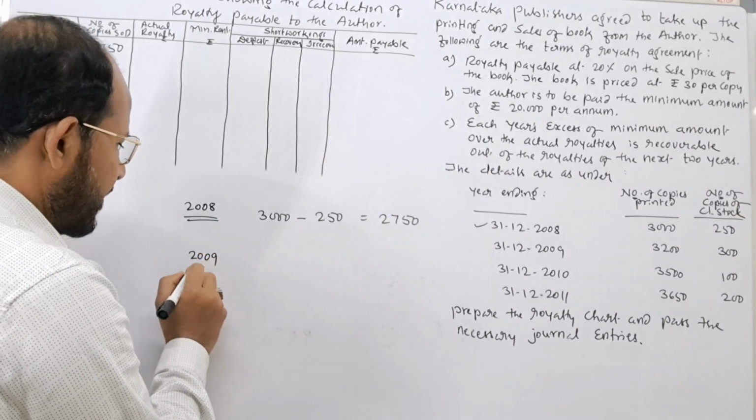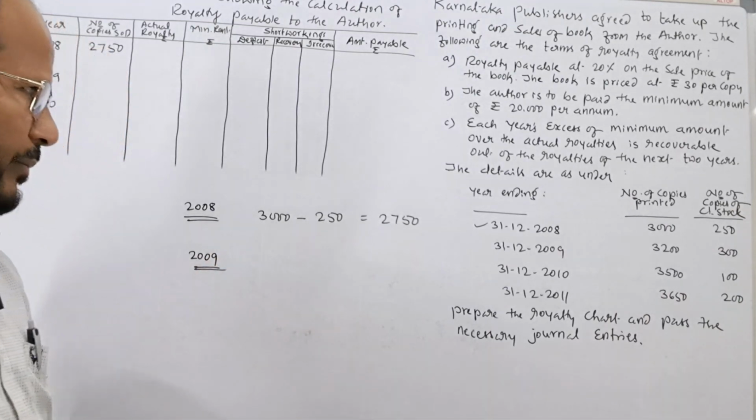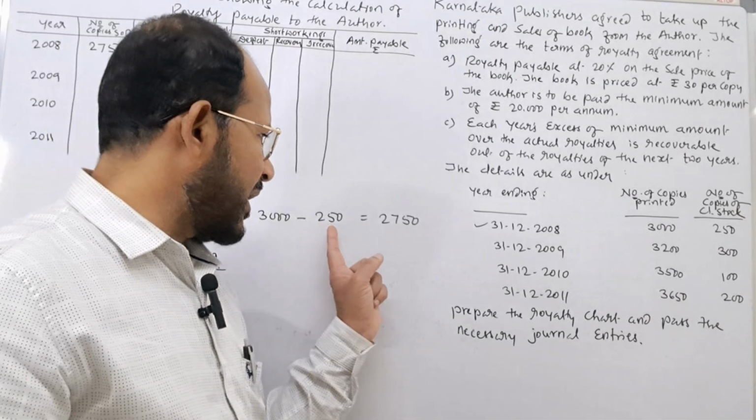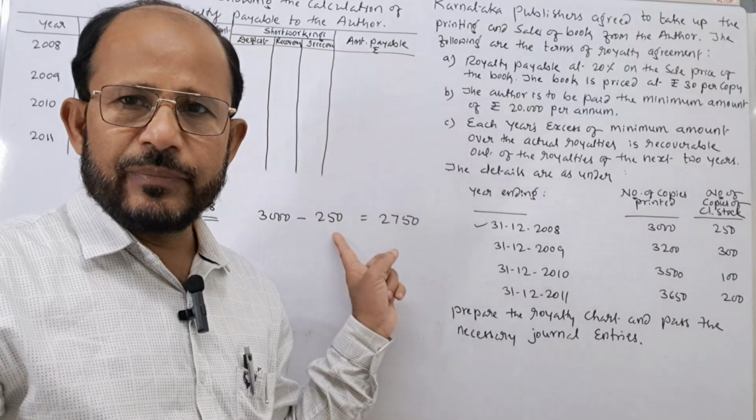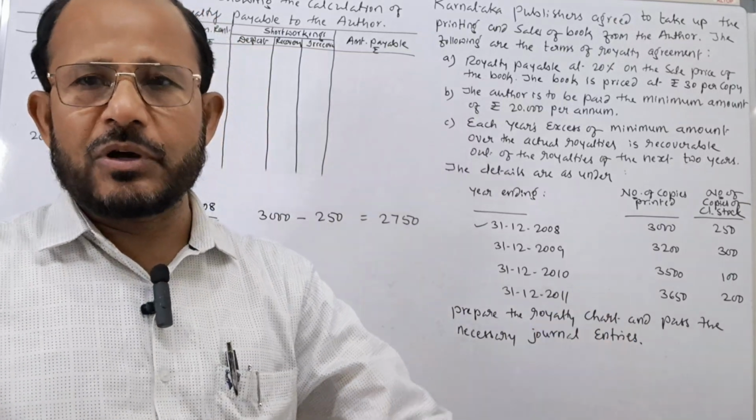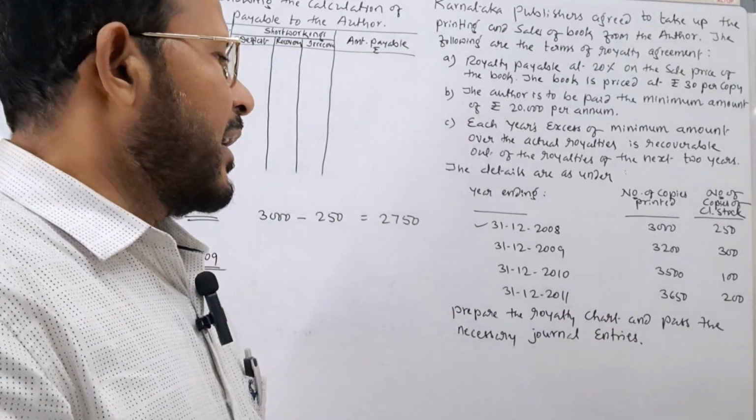Next one is the year 2009. Try to understand here. Whatever closing stock was there in the previous year will become the opening stock for the next year.